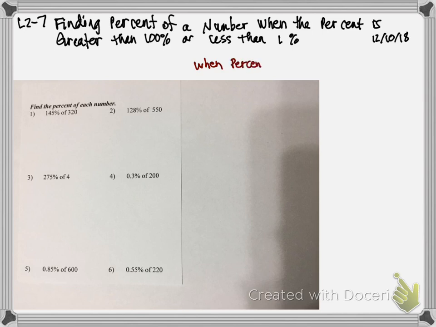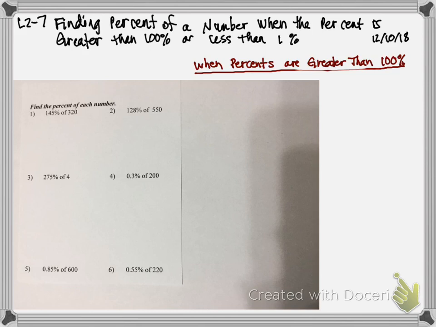So when percents are greater than 100%. Now, the process we talked about on Friday, which is just change our percents either to a fraction or a decimal and then multiply it by the other number, that process doesn't change. It's just the numbers that we get are going to be bigger or very, very small.